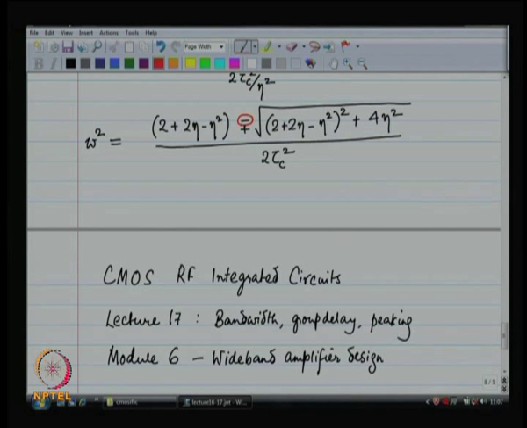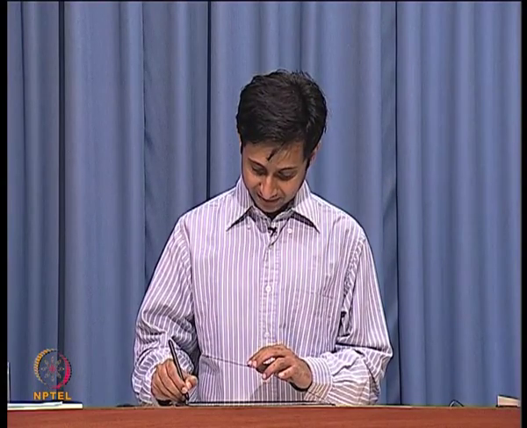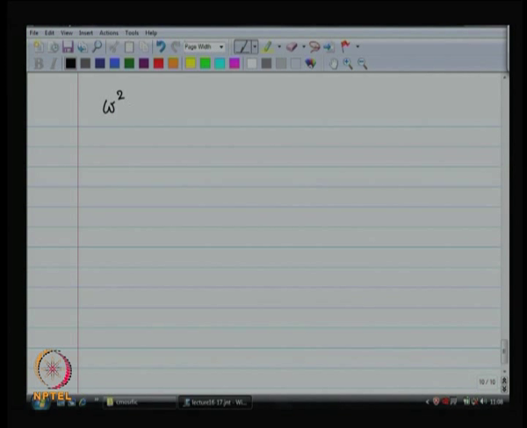Omega is a real number, so omega squared has got to be positive. So, we are going to ignore the negative root, and omega squared is basically going to be 1 by 2 tau c squared times this expression.